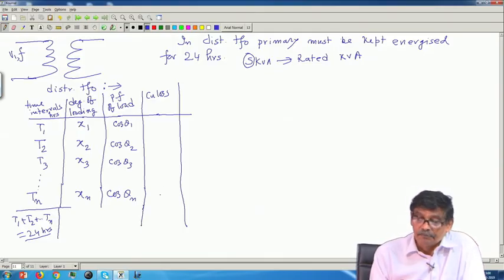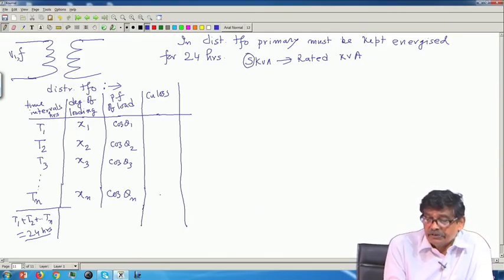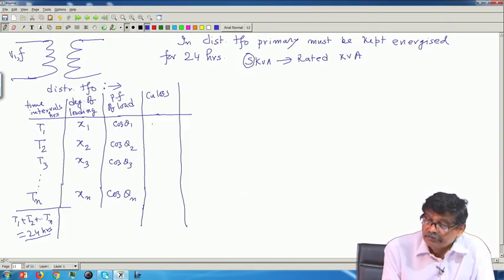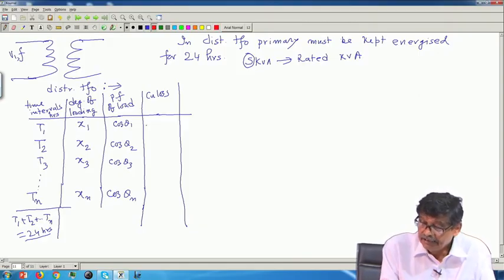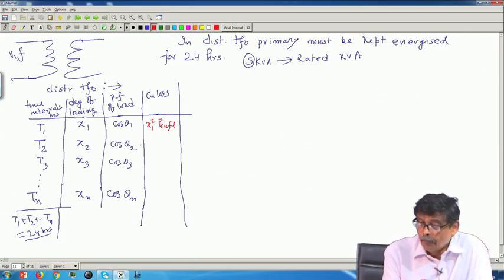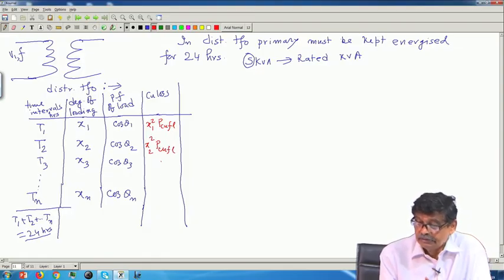In the next column. In the first T1 hours, degree of loading is x1. So, what is the copper loss? It is x1 square into P copper full load. What is the copper loss here? x2 square P copper full load. This is x3 square P copper full load.